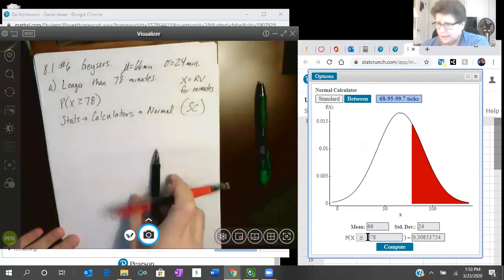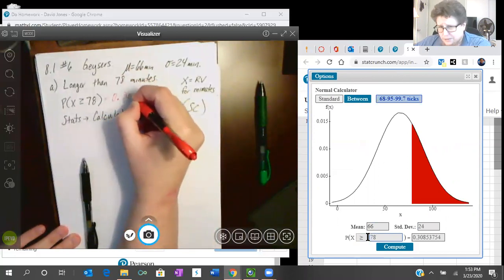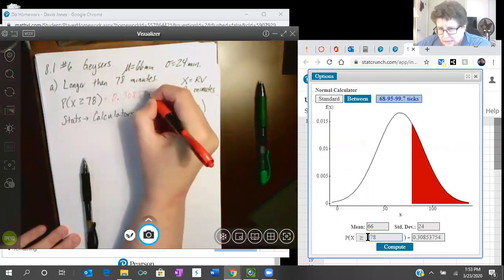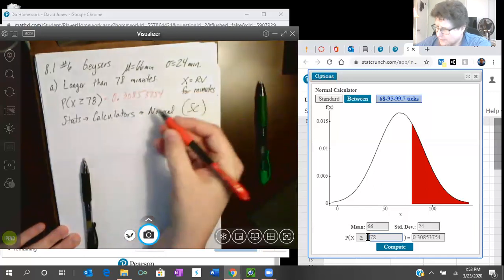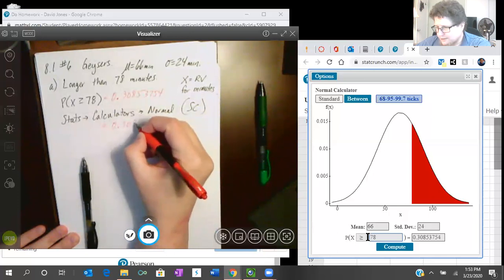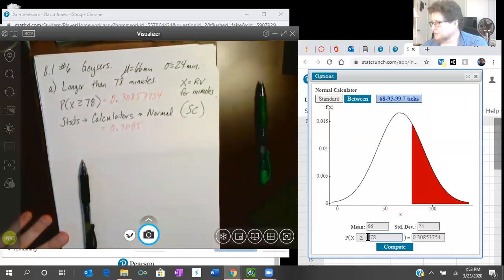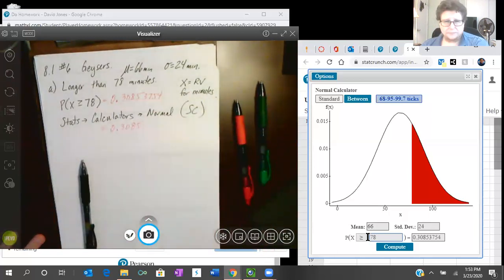So they give it to me. I'm going to write down a few decimal places because I don't know how many I need to round to. If it's four decimal places it's 0.3085. Oftentimes it's 4, so let's just assume it's 4 and go from there.